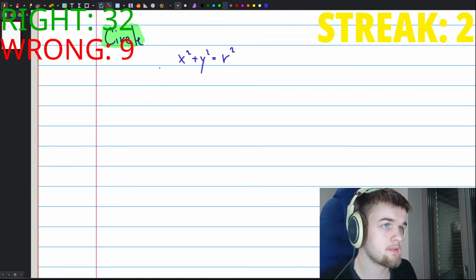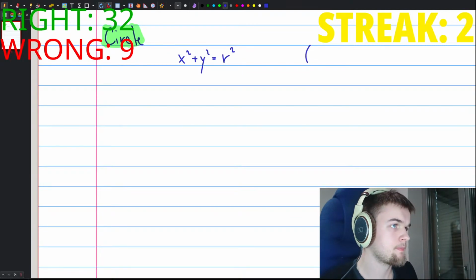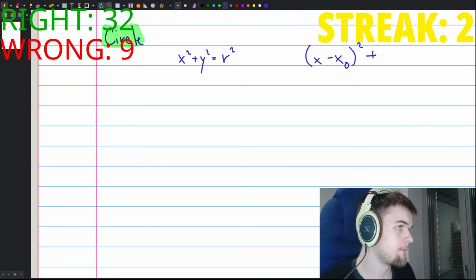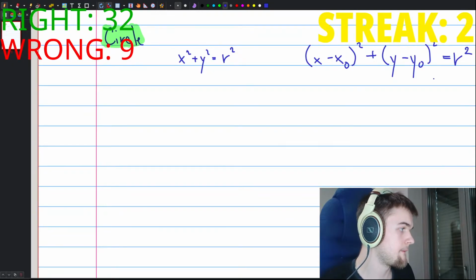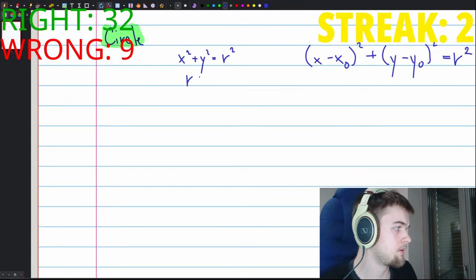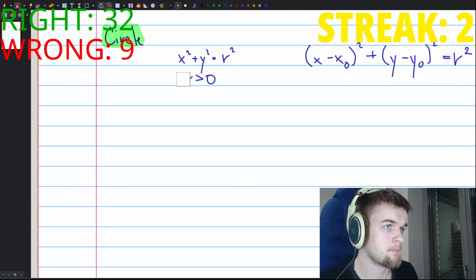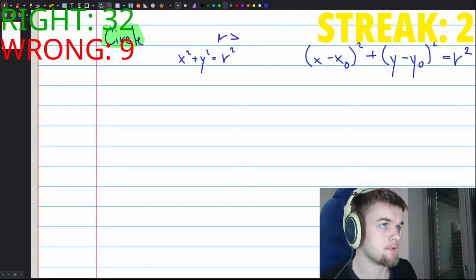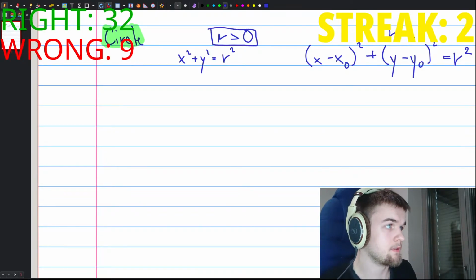Also, we can rewrite it as x minus x0 squared plus y minus y0 squared equals r squared, where r has to be more than 0.